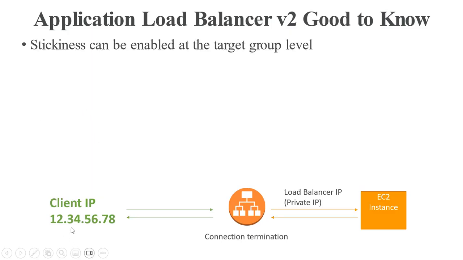The client IP is receivable only up to the load balancer. If the EC2 instance wants to get the client IP, we need to read some headers. The request headers concept is available, so the application team needs to use the request headers to read the client IP address. The EC2 instance directly cannot see the client IP.